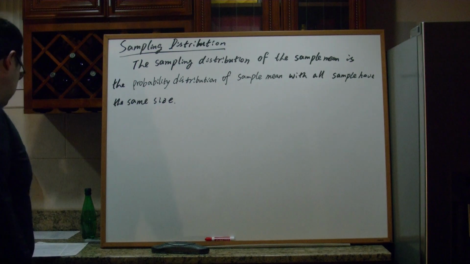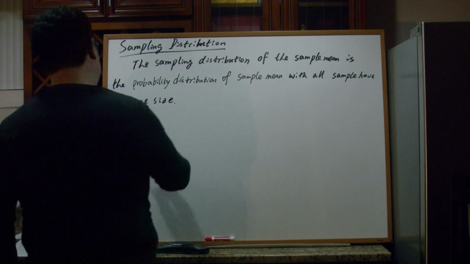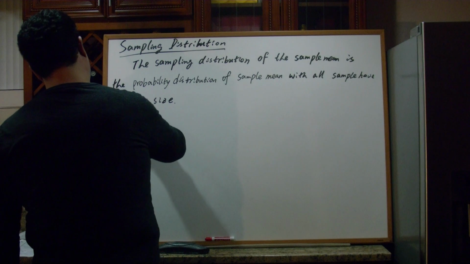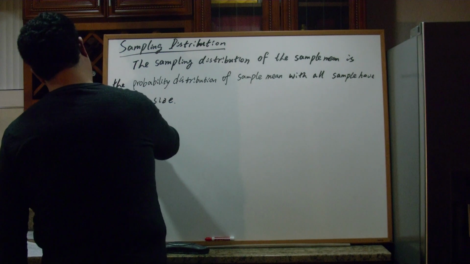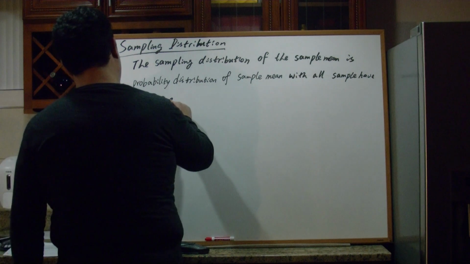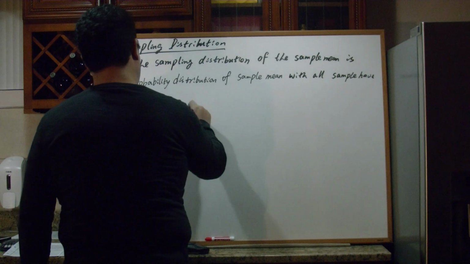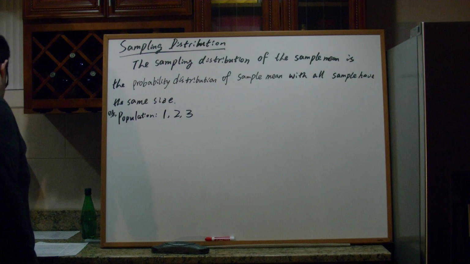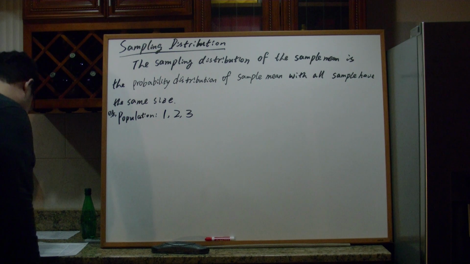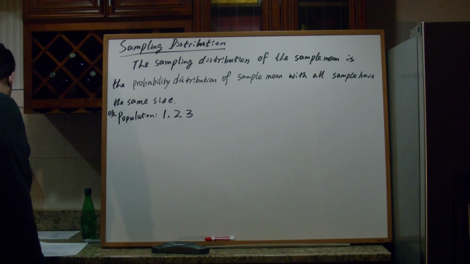So we can see a small example. Assume we have a population of 1, 2, 3. Then what we do is pick two numbers at a time to form a sample.